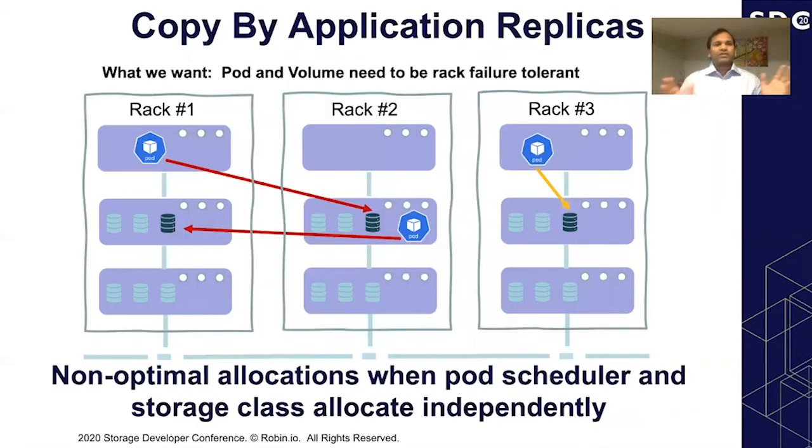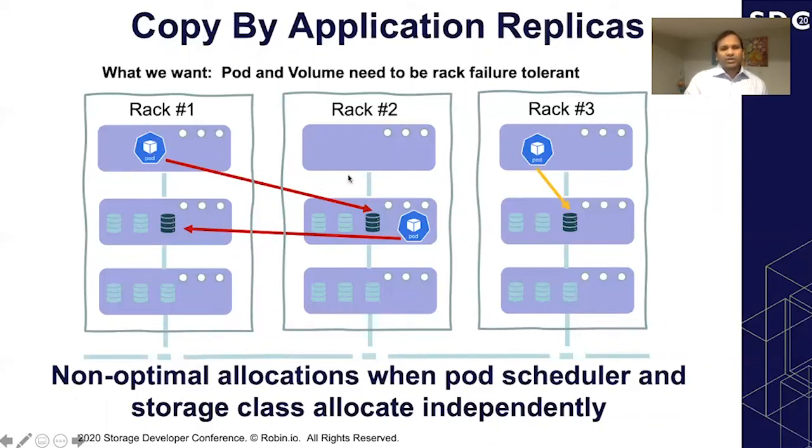So let's see what happens if they don't coordinate with each other. The pod can be allocated in rack 1 in this case, and the corresponding storage can come from rack 2. Every time a write or read happens on this particular pod, it has to cross to the other rack.